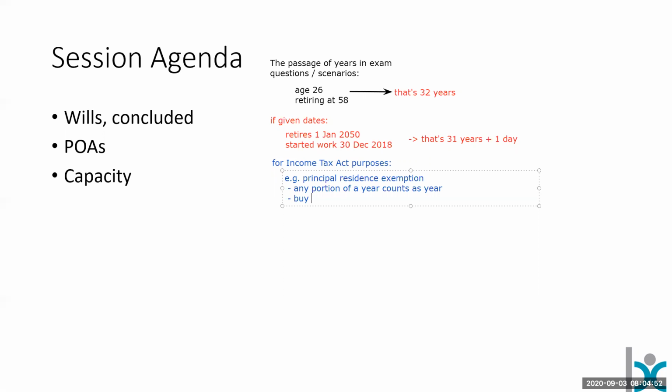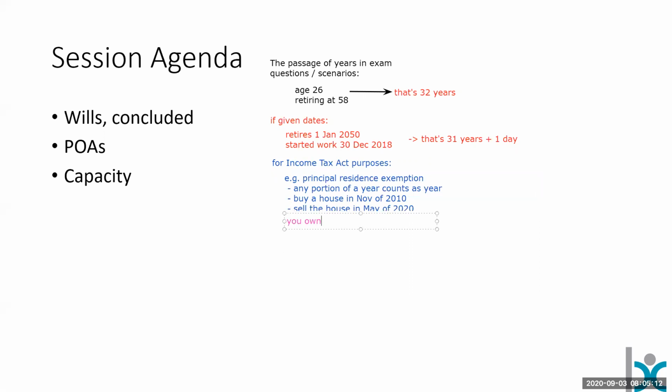Okay. So for Income Tax Act purposes, you buy a house in, let's say, November of 2010, and you sell the house in May of 2020, whatever the case is. Is everybody with me there?